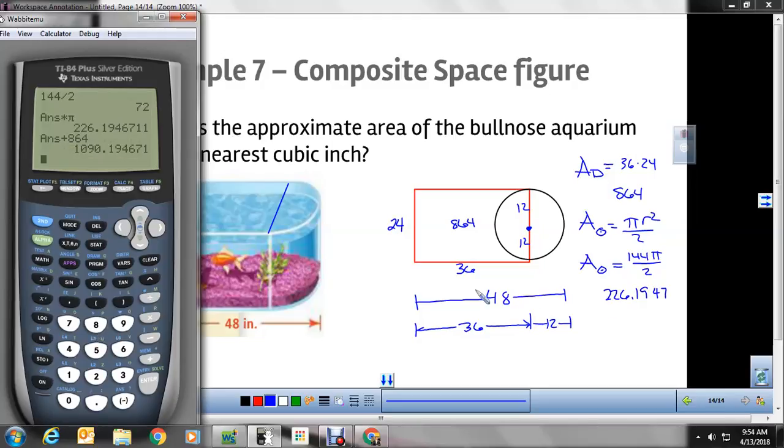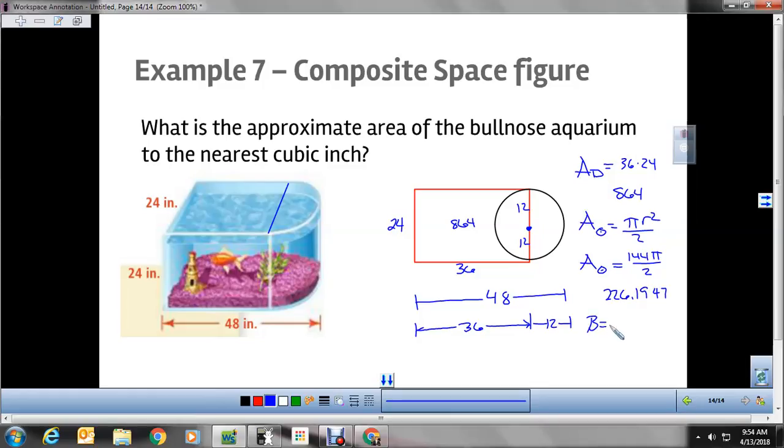And that's going to give us the area of our base to be 1090.1947. So now we take the height of our prism, which is 24, and we're going to multiply them together.